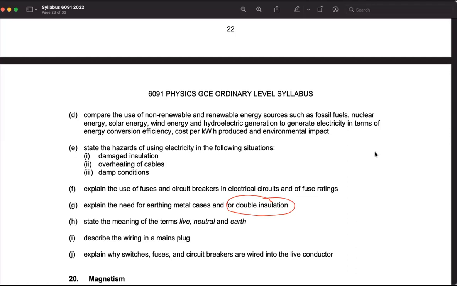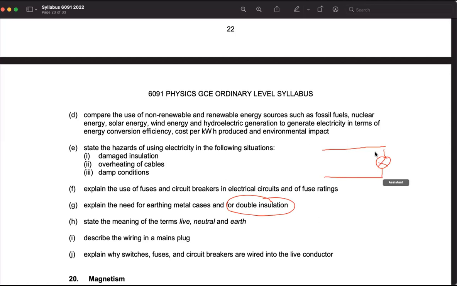Okay, next thing is a lot of appliances have metal cases. So why is it dangerous if your appliances have metal cases? For example, let's say a circuit with one bulb inside. Clear?